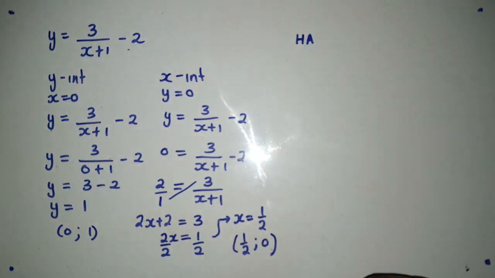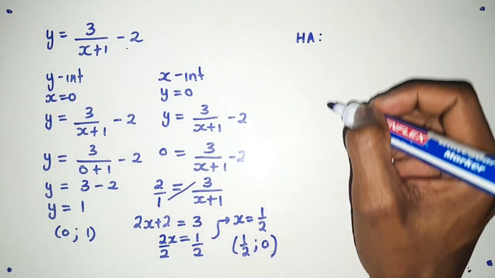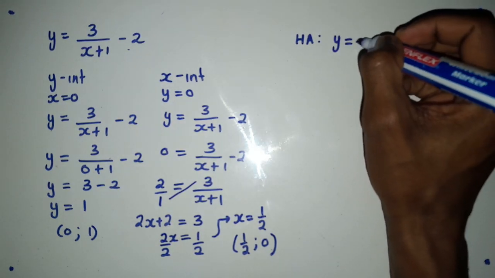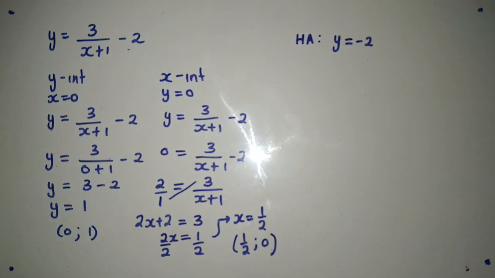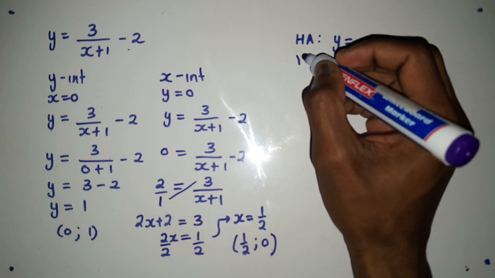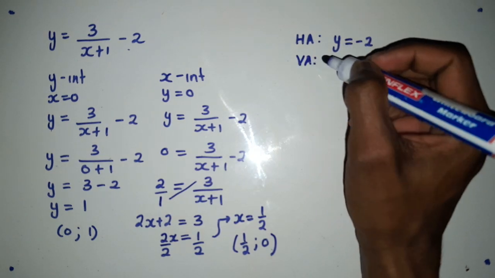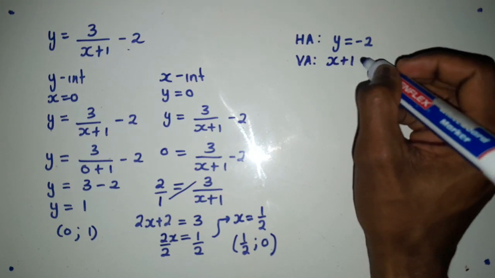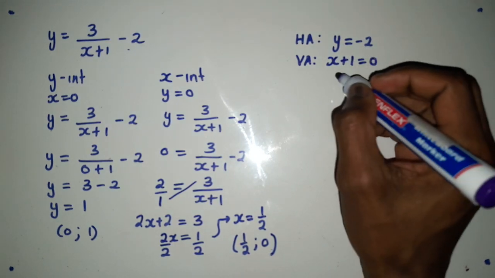We write y equals -2. Then, as for our vertical asymptote, we are going to say x plus 1 is equal to 0.